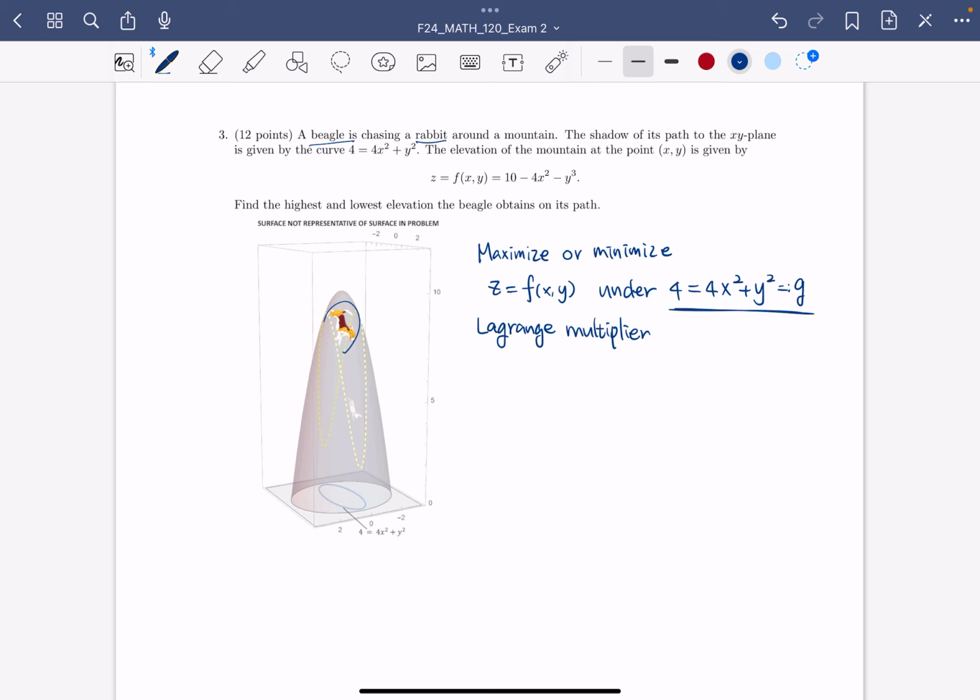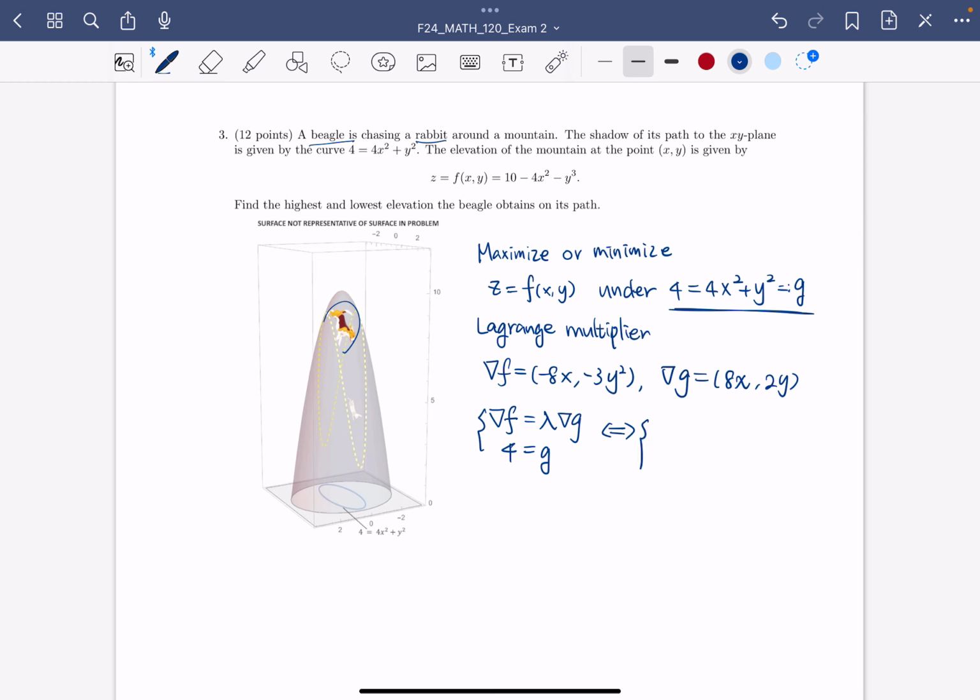So Lagrange multipliers tells you, first you have to compute the gradient of f, which is (-8x, -3y squared), and the gradient of g is (8x, 2y). So we have to solve this equation: gradient f equals lambda times gradient g, together with 4 equals g.